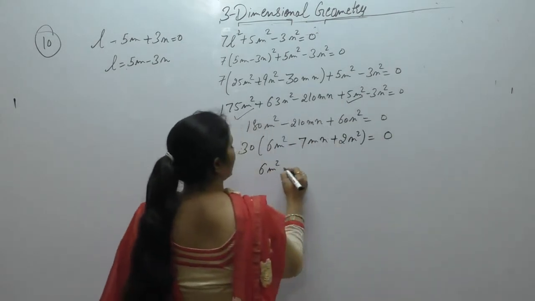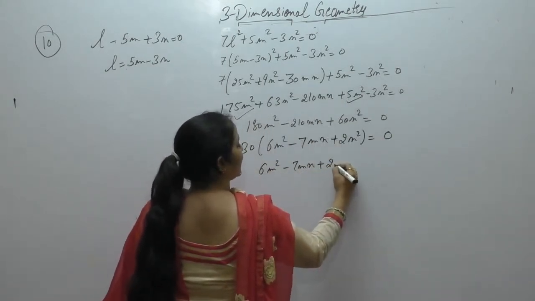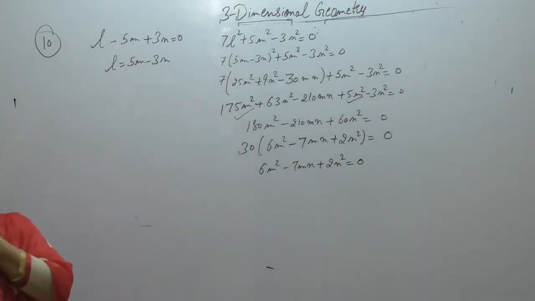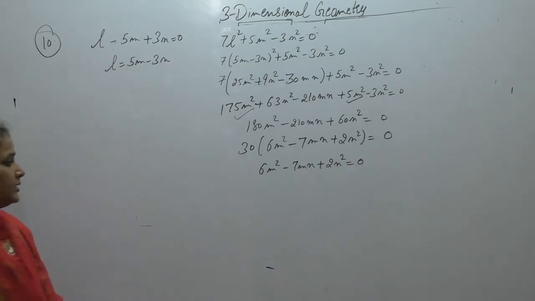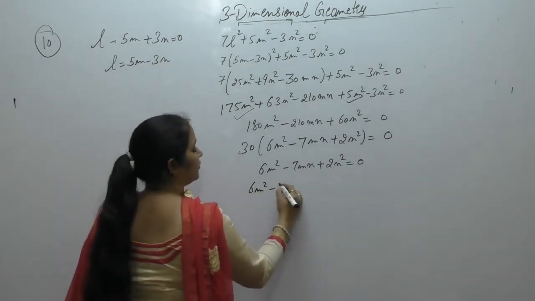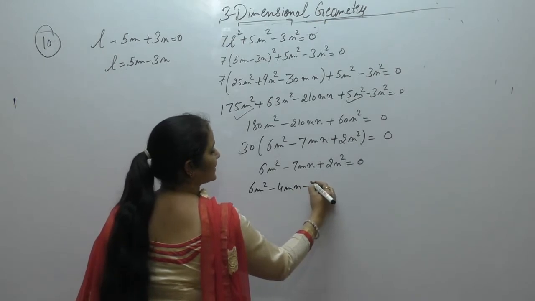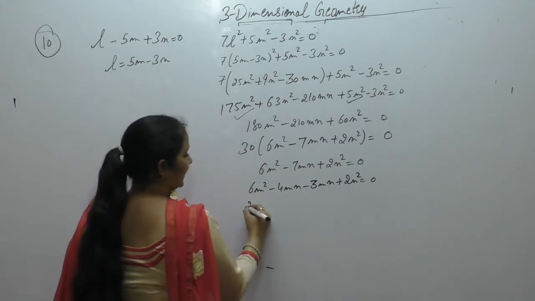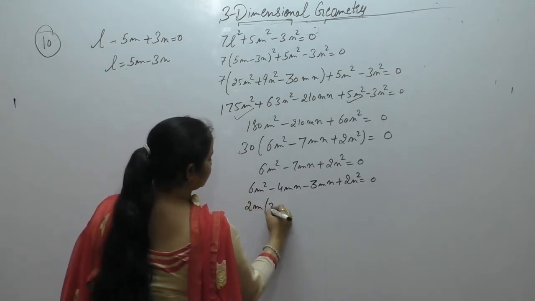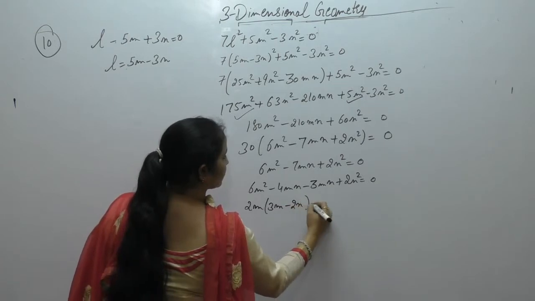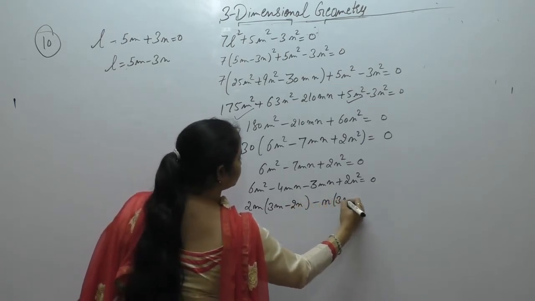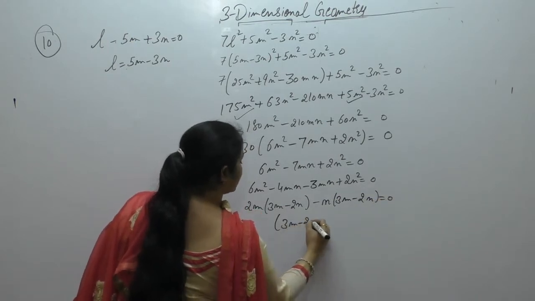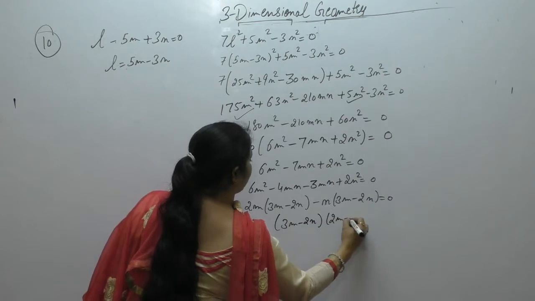So 6m square - 7mn + 2n square = 0. Now factorize it. 6 into 2 is 12, 4 into 3 is 12, and 4 plus 3 is 7. From here take 2m common. From here take n common. So the factors are (3m - 2n) and (2m - n).